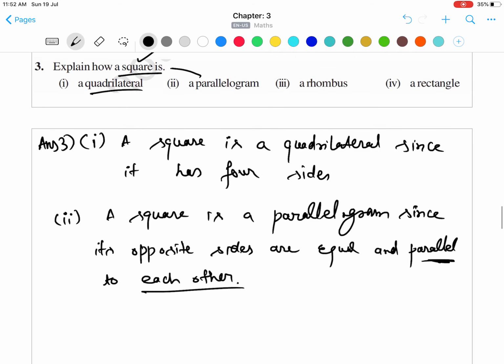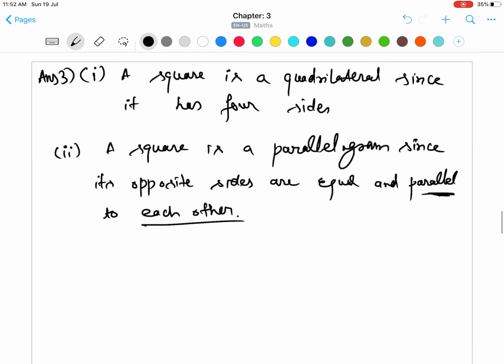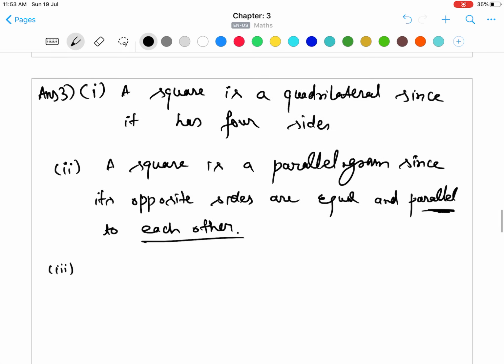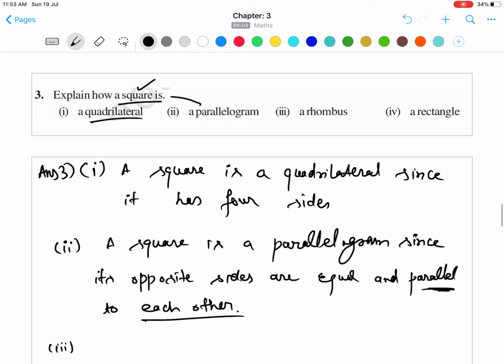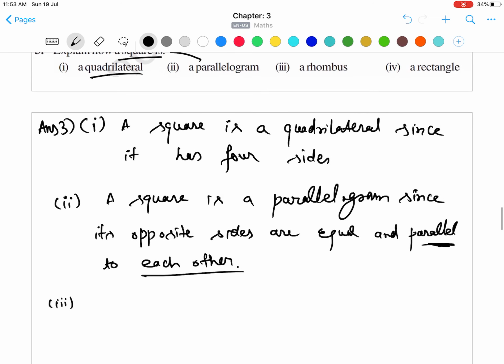Okay, next one is explain how a square is a rhombus. So part 3, explain how a square is a rhombus. In a square and a rhombus, all four sides are equal, and both have diagonals that bisect each other perpendicularly.